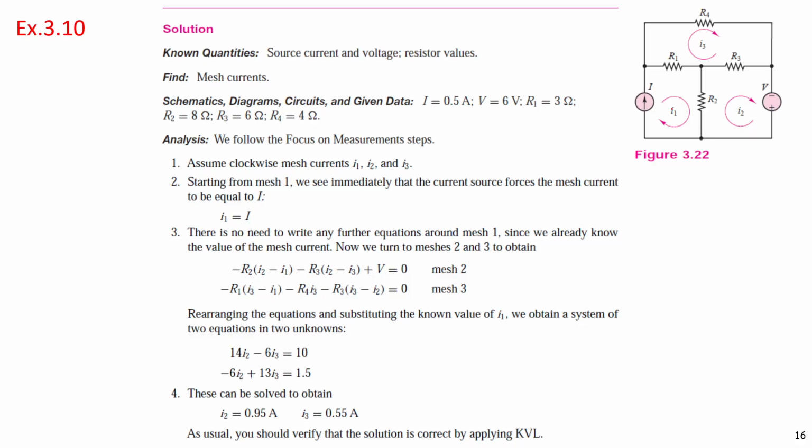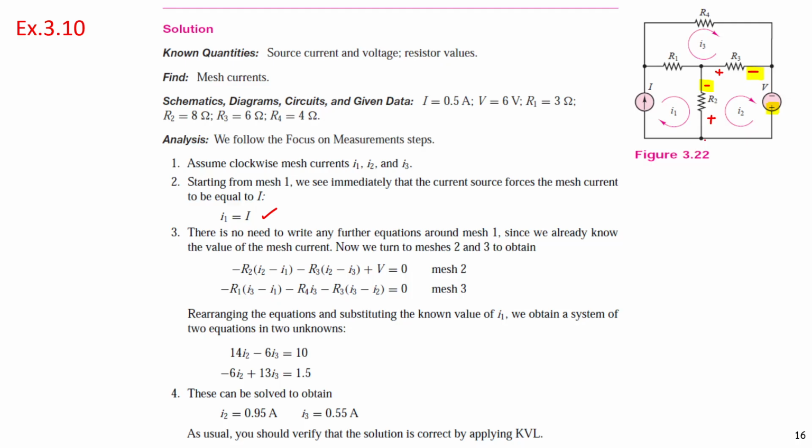For the first node, if you keep it systematic, this should be plus. The base one we don't need to solve, we know I1 is I, and next is mesh 2, which is I2, plus, minus, minus here, and then plus flowing out from the element positive, negative, and then negative.